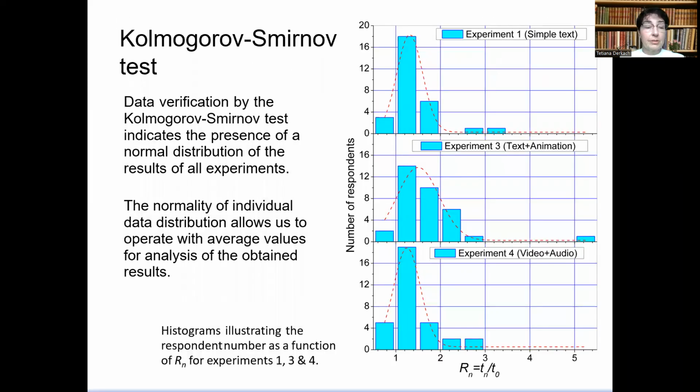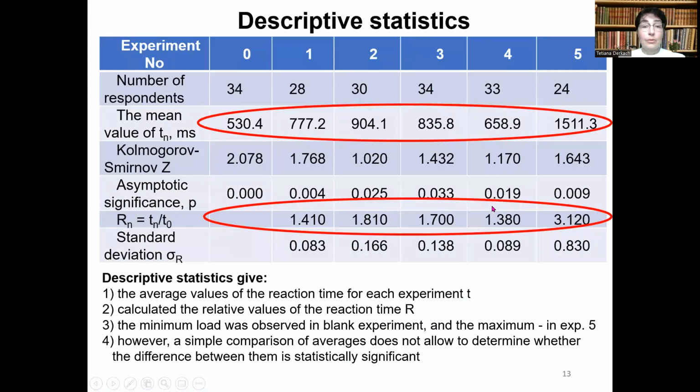Data verification by the Kolmogorov-Smirnov test indicates the presence of a normal distribution of the results of all experiments. The normality of individual data distribution allows us to operate with average values for analysis of the obtained results. You see descriptive statistics.